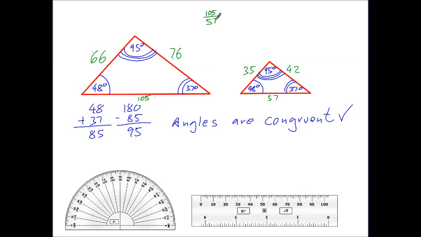Then we had the second largest side, 76 in our large triangle, and 42 in our small triangle, and the shortest side was 66 and 35. Now let's see if they're proportional, if all three ratios are the same.